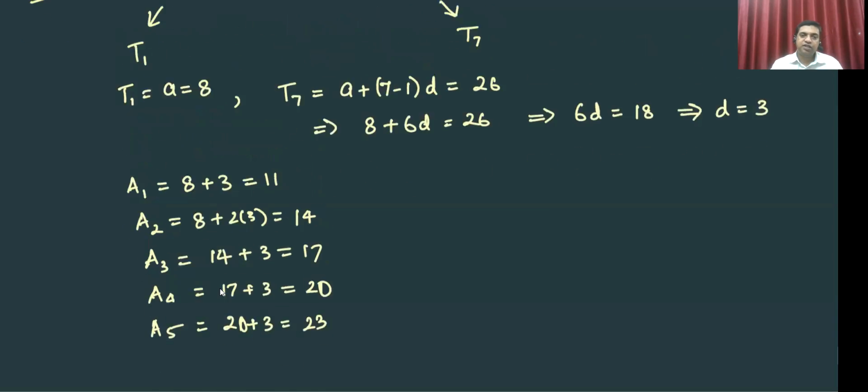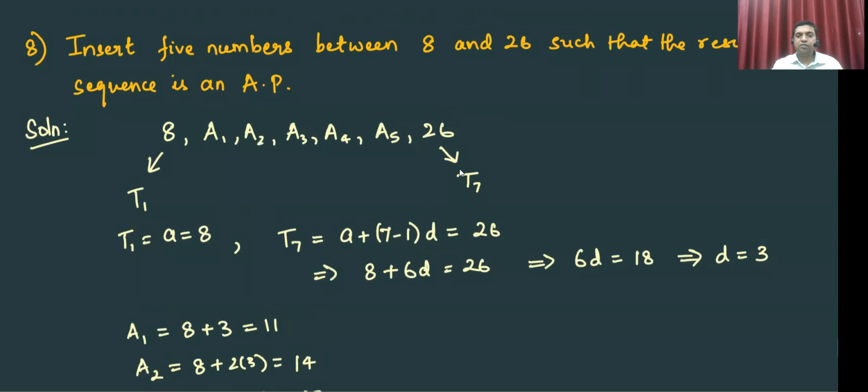Okay, so this is the way we can insert much more easily by logic. You don't have to remember that formula, a plus n times d by n plus 1. Those formulas are there, and when required you should be able to use them, but not required. You can directly use this.